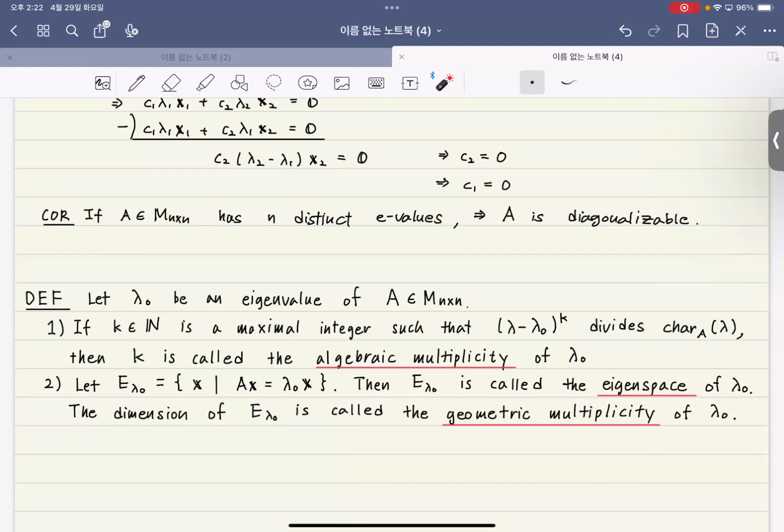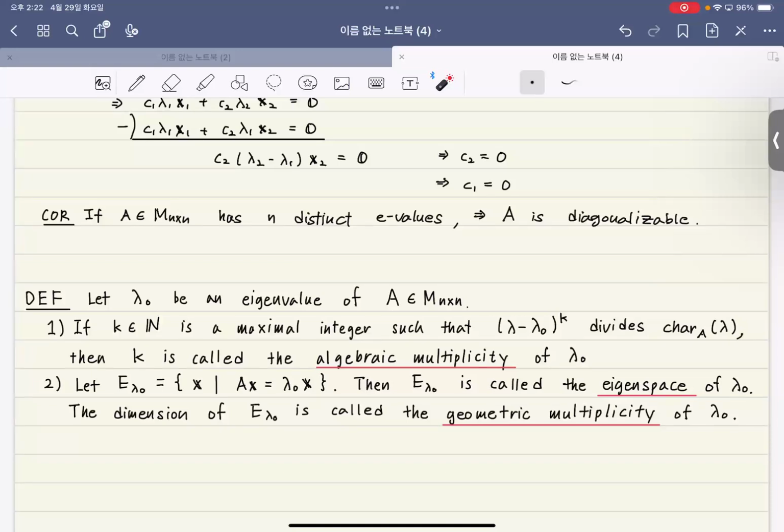Once you find the characteristic polynomial of the matrix and factorize it into linear factors, there can be some repeating factors. Suppose that this consists of 2 factors of lambda minus 1 times 3 factors of lambda minus 3.